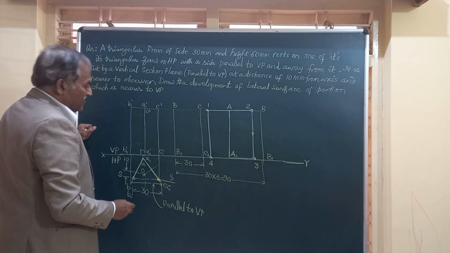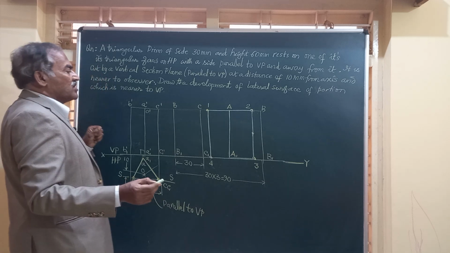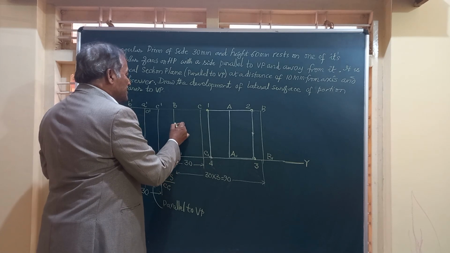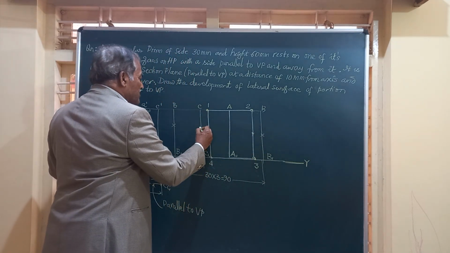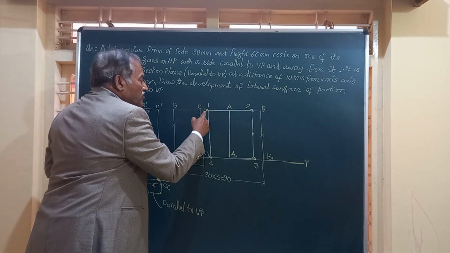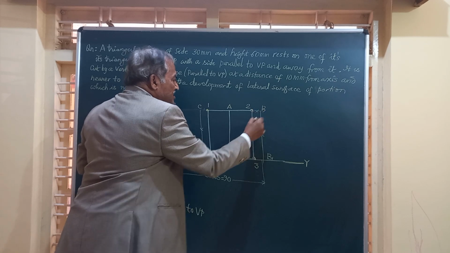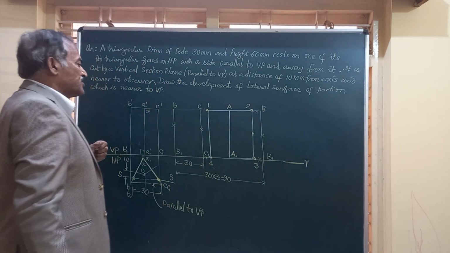Here the edge CC is removed, the edge BB is also removed. So BB does not exist in the development, and CC also does not exist. When these are not existing, this portion is also not existing, and similarly this portion is not existing.